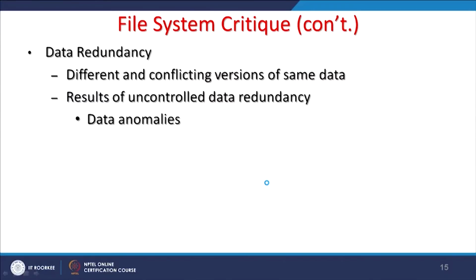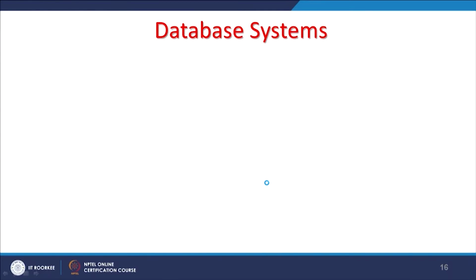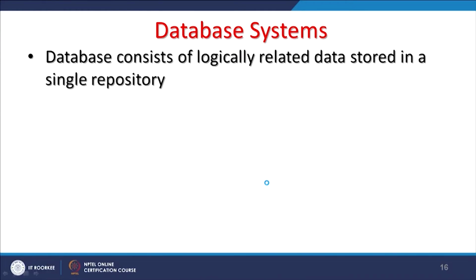Results of uncontrolled data redundancy are data anomalies: modifications are difficult, insertion problems, and deletion might also be a problem. Data inconsistency might also be there with the file system, which brings a lack of data integrity.